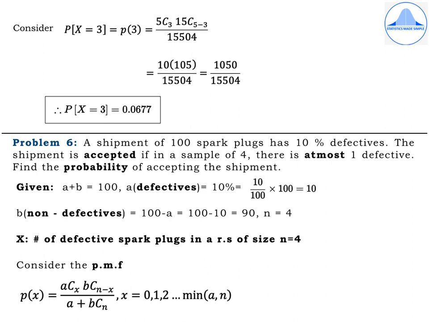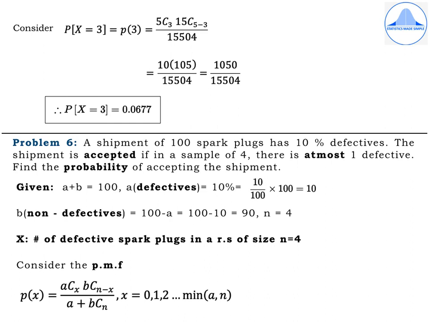A plus B will be equal to 100, and A will be the number of defectives, or in this case the percentage of defectives, that is 10%. So convert it into a whole number: 10 divided by 100 into 100 will be equal to 10. And B will be the number of non-defectives, which is calculated using the formula 100 minus A, which is 100 minus 10 equal to 90. And the sample size is 4, that means n is equal to 4.